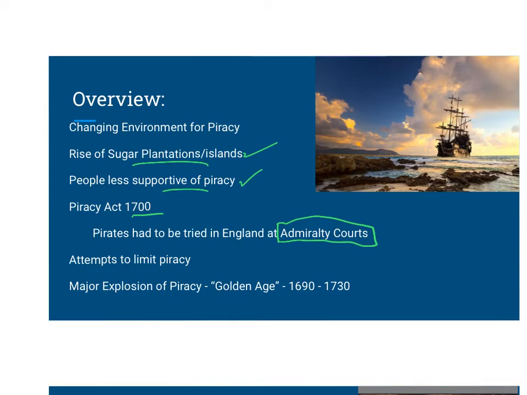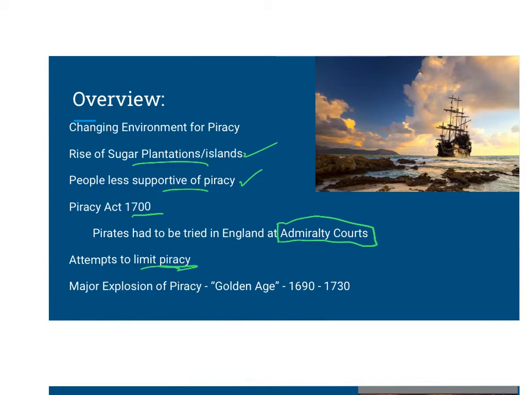So even though the support for pirates was lessening, you still had factions that were supportive of them because they would smuggle and provide business for groups. And so the admiralty courts were a way to separate pirates from their support, and hopefully limit them, right?